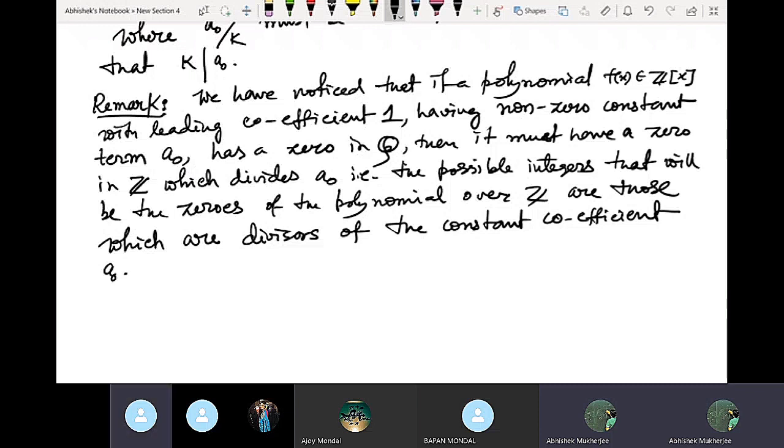Okay, so we need to check what are the divisors of a0. So that we must check.